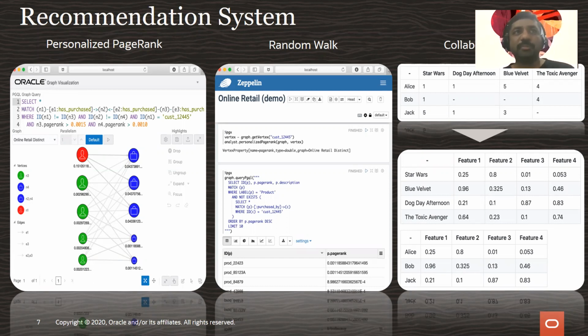So when it comes to the good side of it, we have the personalized page rank algorithm, we have the random walk and the collaborative filtering algorithm. So personalized page rank associates the page rank or the closeness of different customers, and then we will be able to really come up with recommendations or banking financial services offers that can be offered to customers.